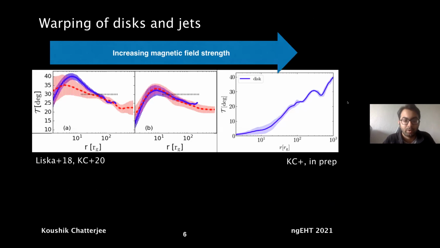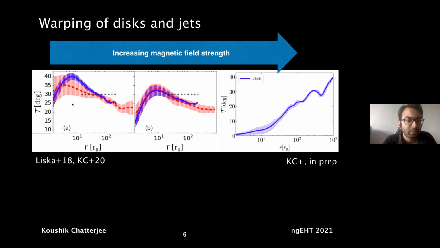Now, another important aspect of this problem is what happens when you change the magnetic field strength near the event horizon. For example, if you start with a weak magnetic field, or a SANE magnetic field, and then increase up to a MAD magnetic field, how does this tilt parameter change? Because this actually shows us the jet and the disk orientation.